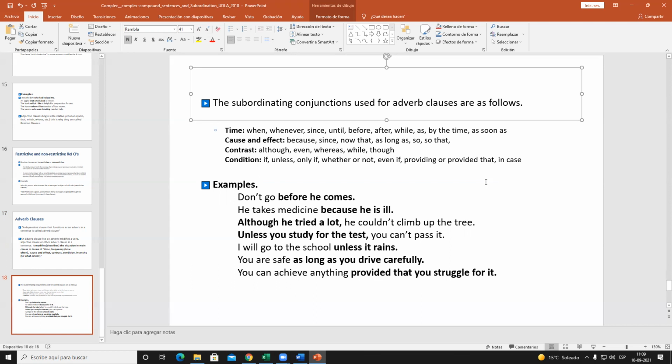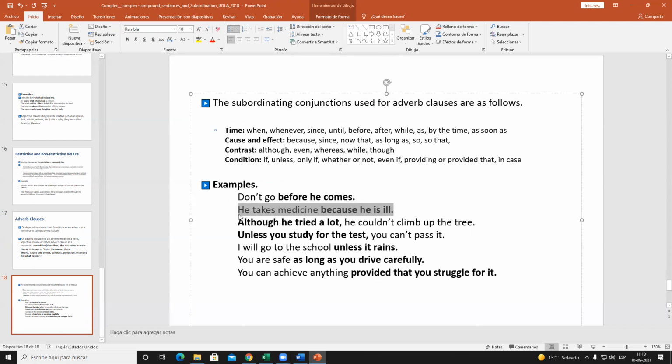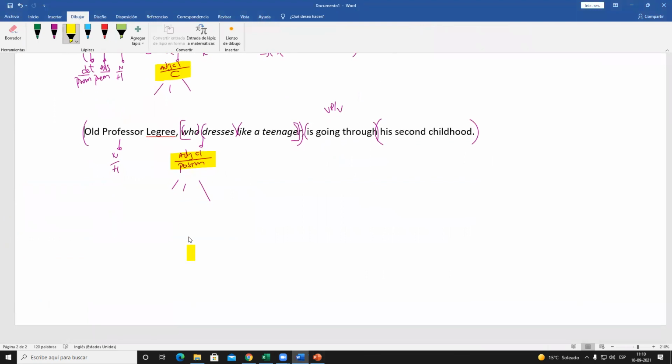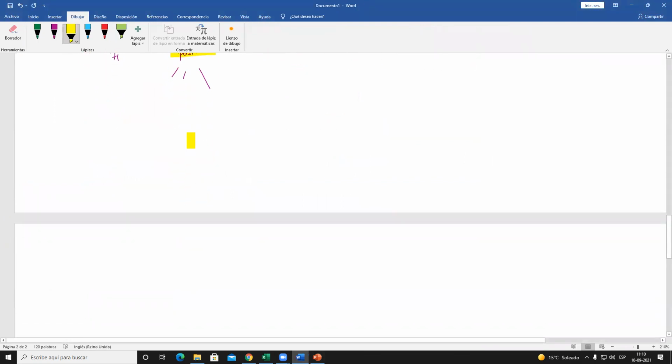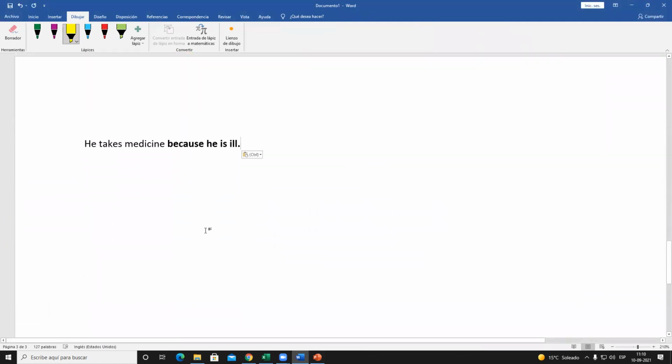Entonces, lo que les quiero contar es lo siguiente. Las adverb clauses son las que hemos estado analizando desde un principio. He takes medicine because he is ill. Takes, who takes, what does he take, why does he take medicine.